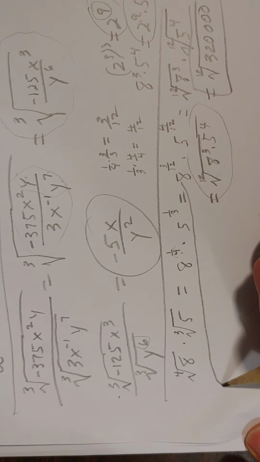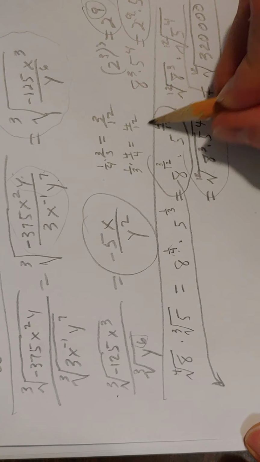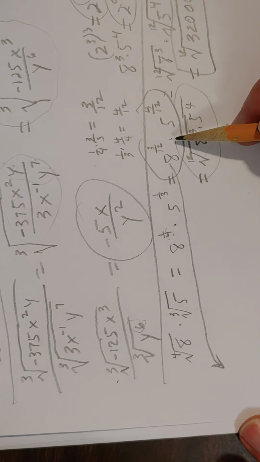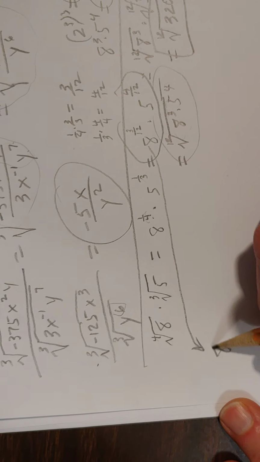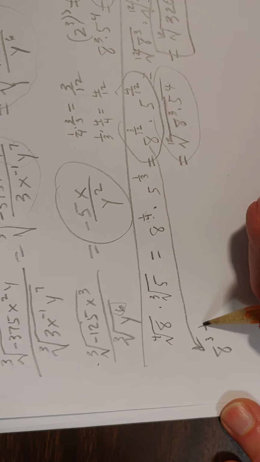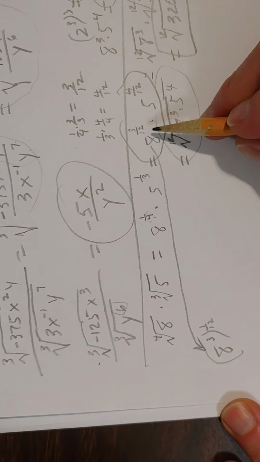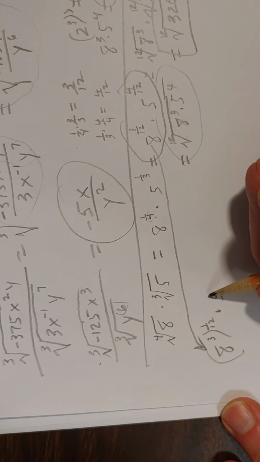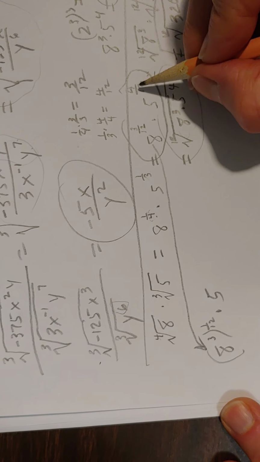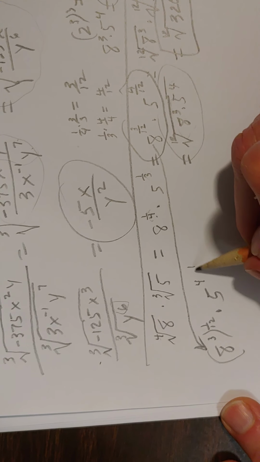From this step right here, you can use properties of exponents too. Let me use a property of exponents to do this problem like the book does. We can write 8 to the 3/12 as 8 cubed to the 1/12th power, because you can multiply those exponents to get back to 3/12. Same thing with 5 to the 4/12. I can write it as 5 to the 4th to the 1/12th.